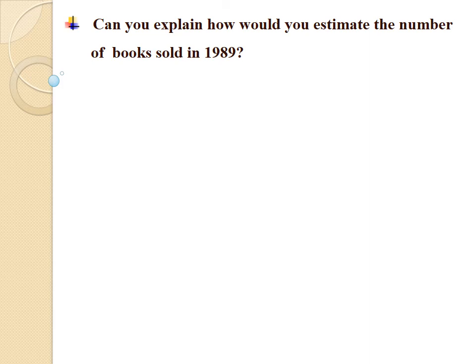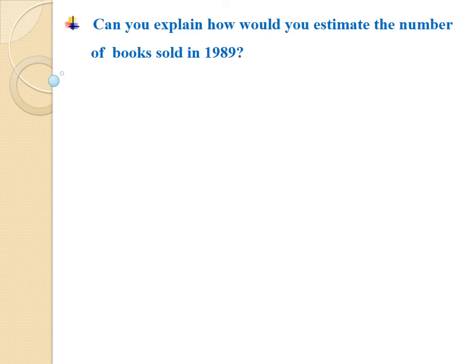Now, question number 4. Can you explain how would you estimate the number of books sold in 1989? From the graph, we can conclude that the number of books sold in the year 1989 is about 1 centimeter and 3/4 part of 1 centimeter.